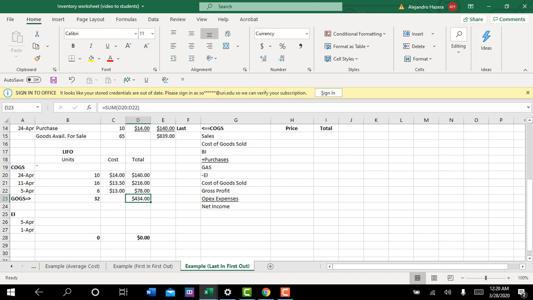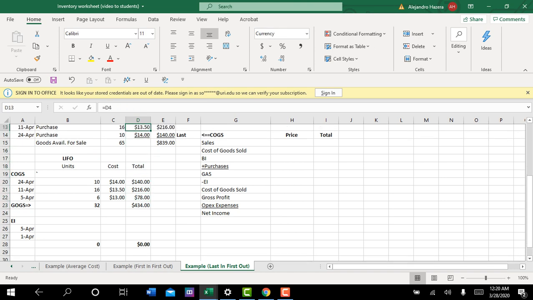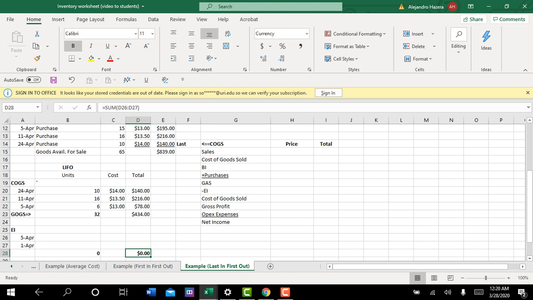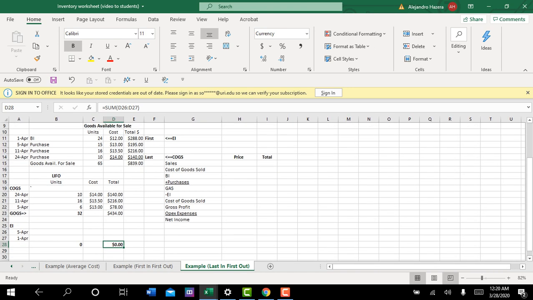Okay, so you've got 100, we're assuming that these units were sold first, then those units, and then 6 of those. Okay, so we got those right there. And then whatever's left over should add up to 33 units, which are our ending inventory. And it should, because here's our ending inventory calculation. Now I'll shrink this down a bit. Our ending inventory calculation is we took 6 units from the April 5th purchase.